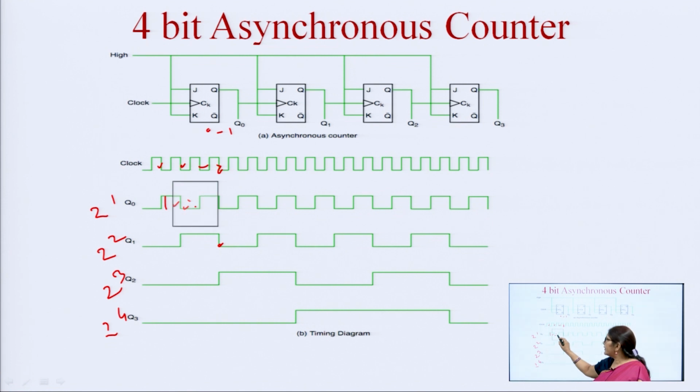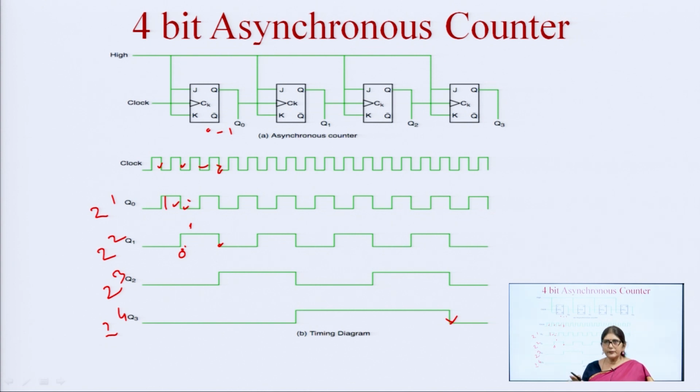When it goes from 1 to 0, then the next will go from 0 to 1. In this way this timing signal is generated, and after the 16th pulse it will change from 0 to 1. So, this is an asynchronous counter.